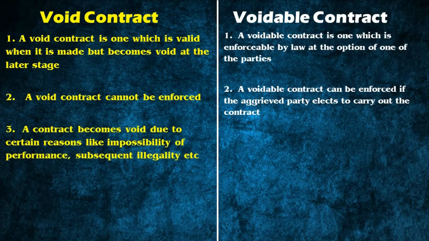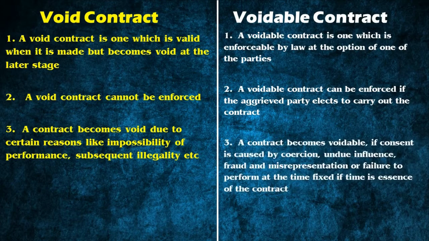Void contract. A contract becomes void due to certain reasons like impossibility of performance, subsequent illegality, etc. Voidable contract. A contract becomes voidable if consent is caused by coercion, undue influence, fraud and misrepresentation, or failure to perform at the time fixed if time is essence of the contract.